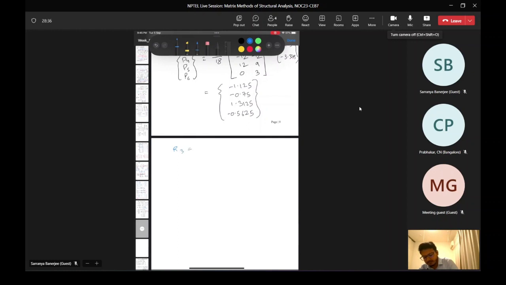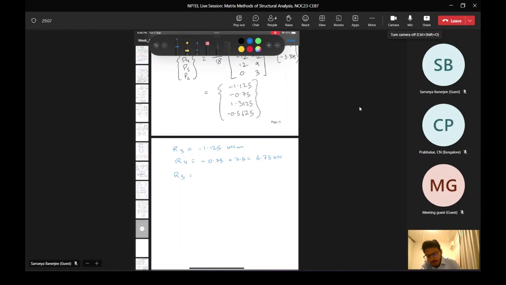R3 would be minus 1.125 kilonewton meter. R4 would be, okay, let me explain R4 further. R4 would be minus 0.75 plus 7.5 equals 6.75 kilonewton.